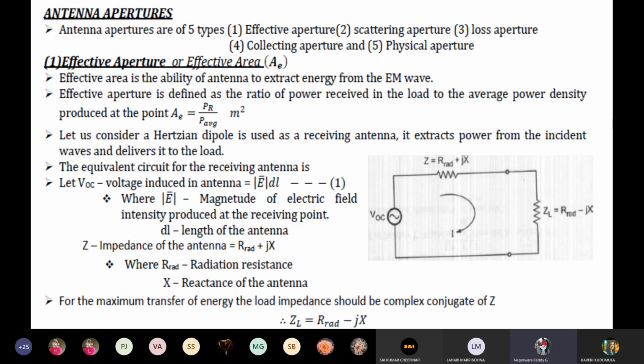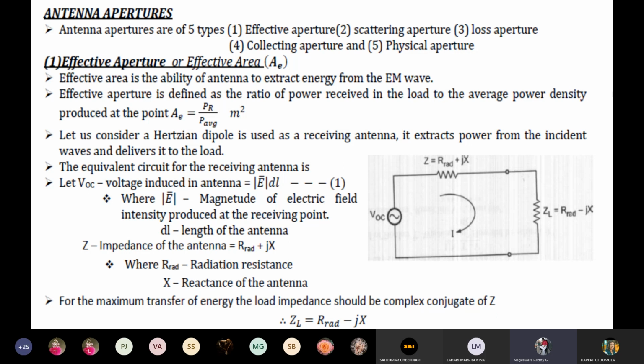Next, antenna apertures. There are five types: effective aperture, scattering aperture, loss aperture, collecting aperture, and physical aperture. What is meant by effective aperture? Effective aperture, also called effective area, is A suffix e.